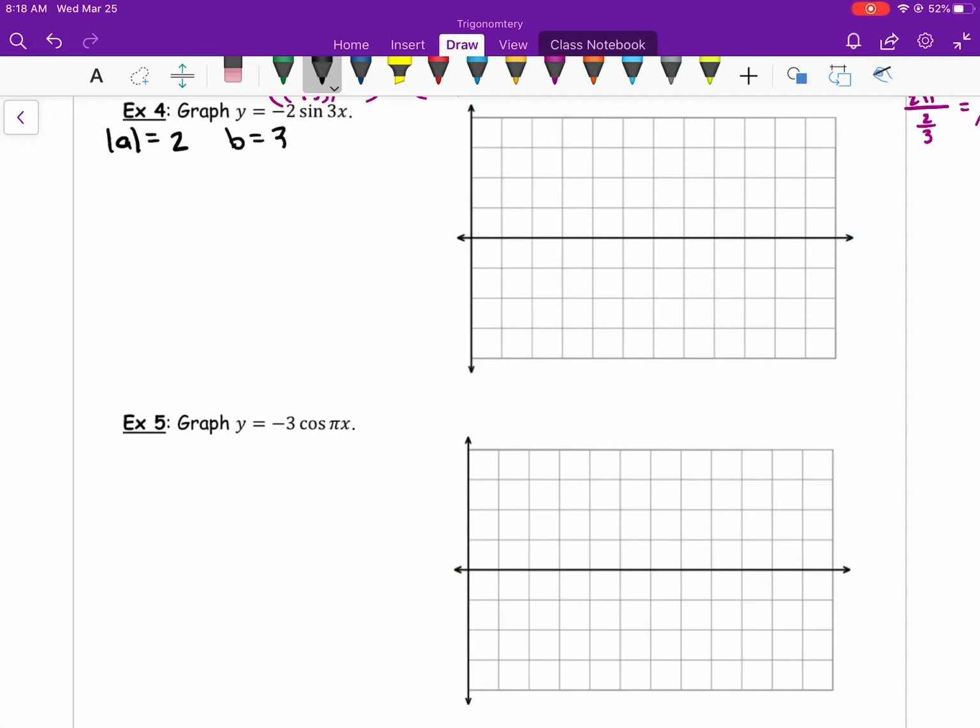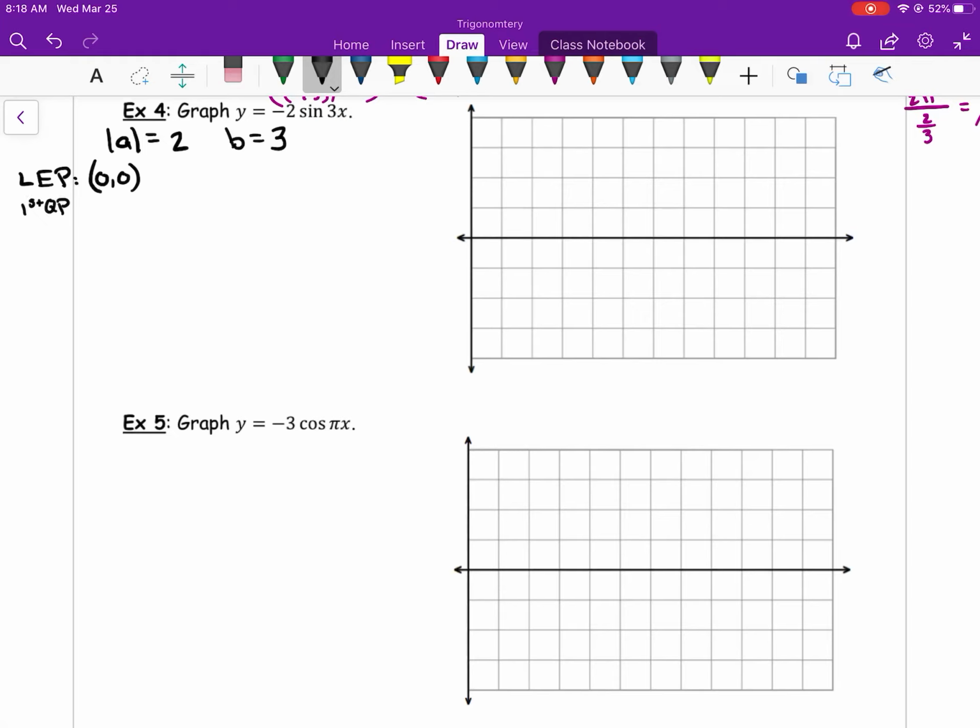My b is the number in front of x, which is 3. Okay, so this one should look out nice. B's not a fraction, so my left endpoint, I'll scroll up again, is 0, 0.